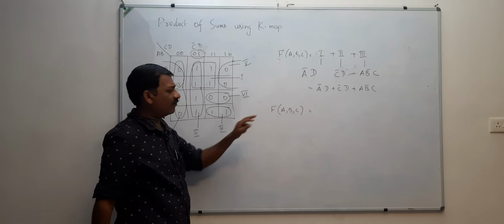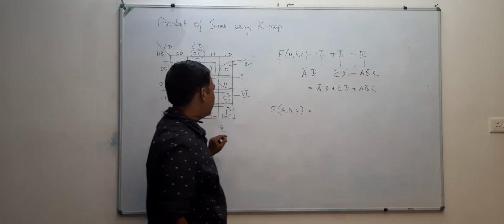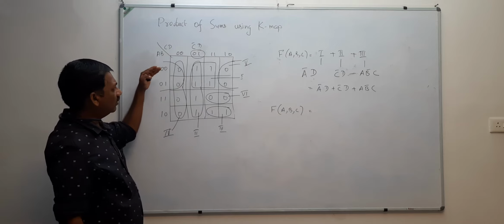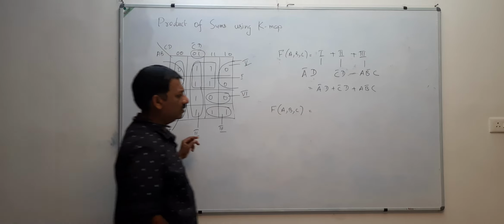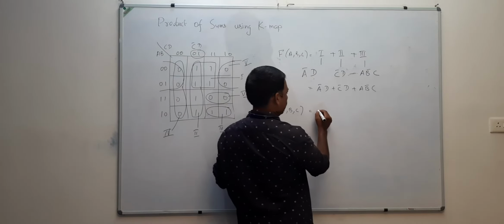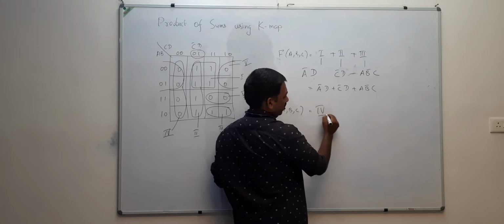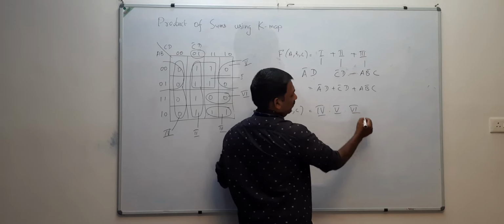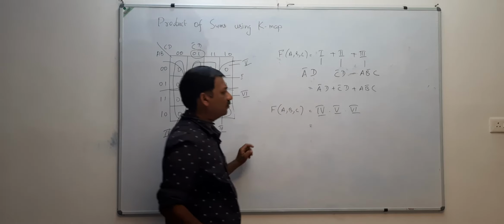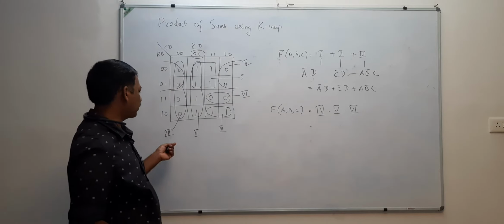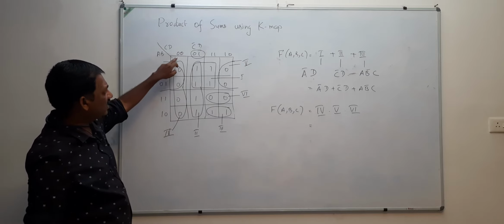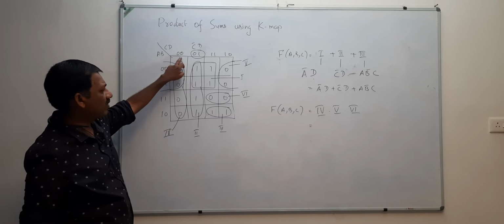That means f of A B C, I am going to take the product of sums form, that is 4 into 5 into 6. What is 4 into 5 into 6? What is 4? 4 is in this column, what remains unchanged is C bar D bar.